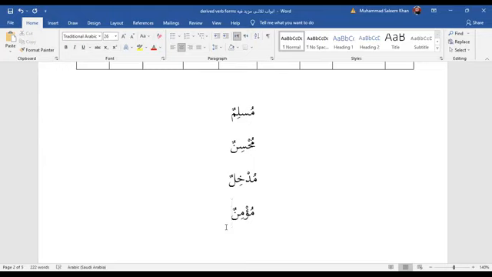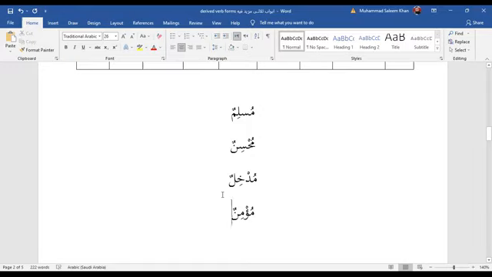This word occurs in the Quran a lot. The plural will be mu'minuna, and for the feminine mu'minatun, as we discussed yesterday. So all of them have the feminine form as well: Muslimun, Muslimatun, Muhsinun, Muhsinatun, Mudkhilun, Mudkhilatun, Mu'minun, and Mu'minatun.